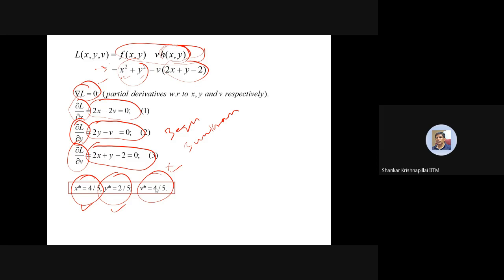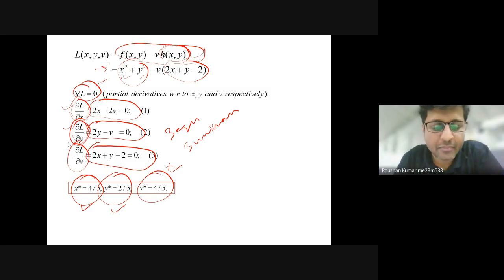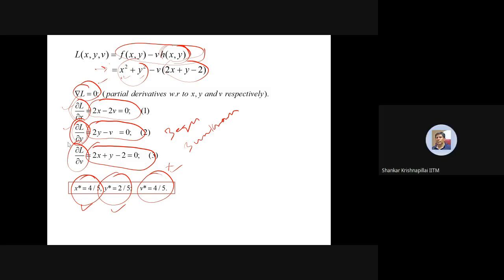But in this method, the advantage is that by doing partial L by partial x equal to 0 and partial L by partial y equal to 0, you get more manageable equations. Whereas in the earlier method, you had to use your intelligence to express y in terms of x and do all manipulations by yourself, without a standard method. Here you get a standard set of equations like this, which is suitable for automatic solution.